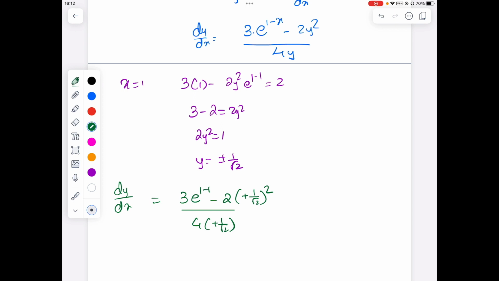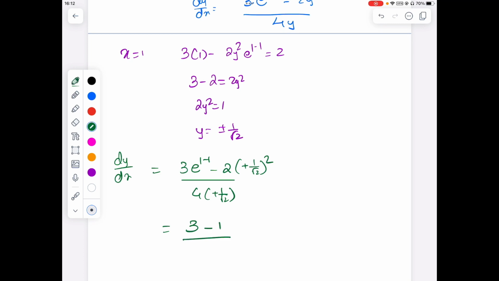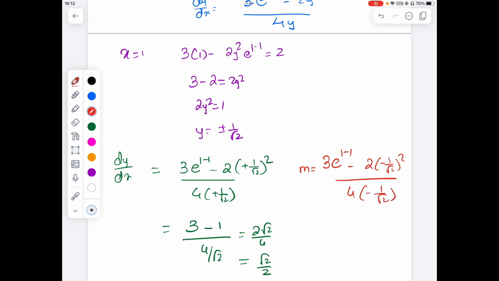It is 3 minus 1 divided by 4 upon root 2, which is 2 root 2 upon 4, which is nothing but root 2 upon 2 if I take the positive value. If I take the negative value, the same way, 3 e power 1 minus 1 minus 2 times minus 1 upon root 2 whole square divided by 4 times minus 1 upon root 2. So the same answer, I get minus root 2 upon 2. So my slope is either plus or minus root 2 upon 2.